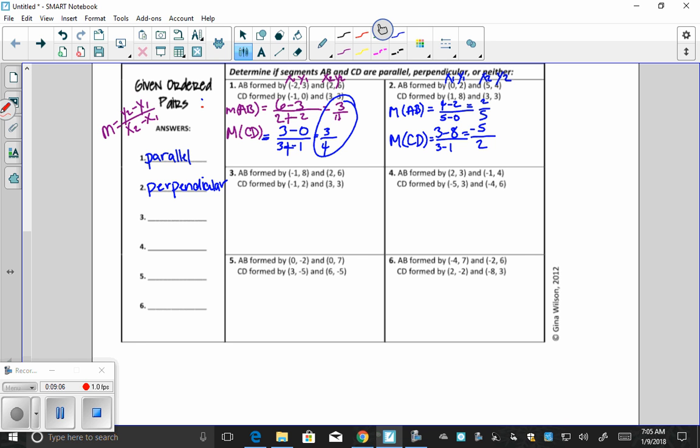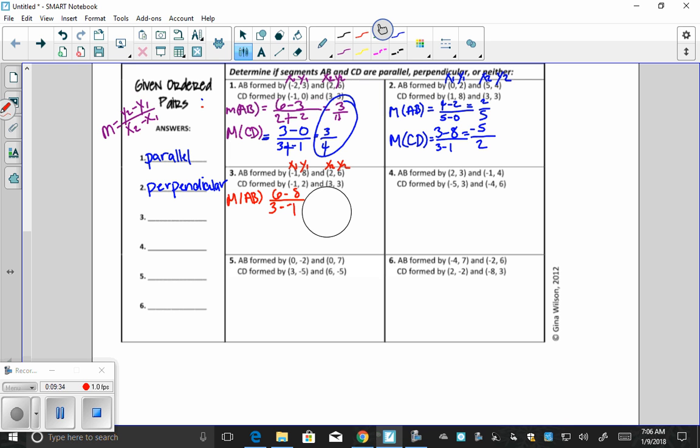Let's look at number 3. Slope of AB. I can have 6 minus 8 over 3 minus negative 1.